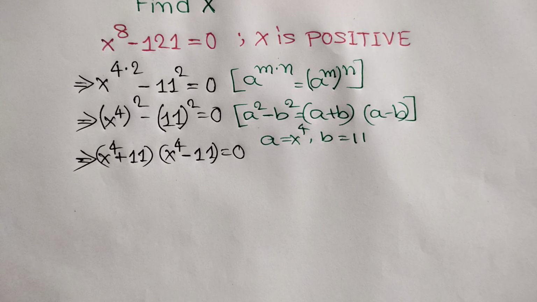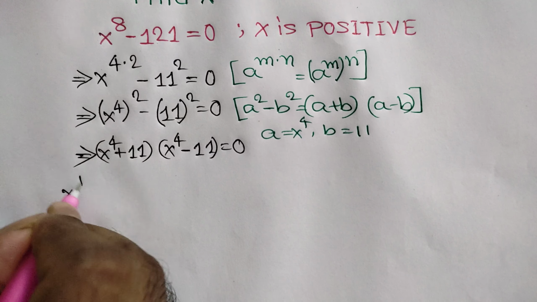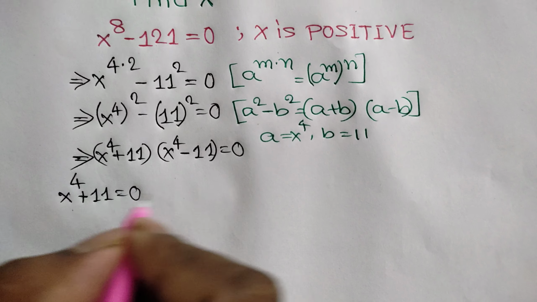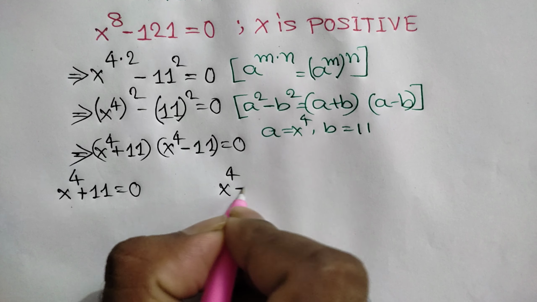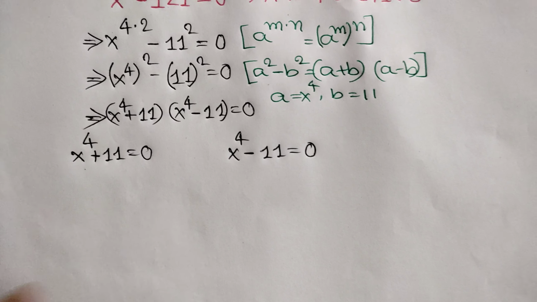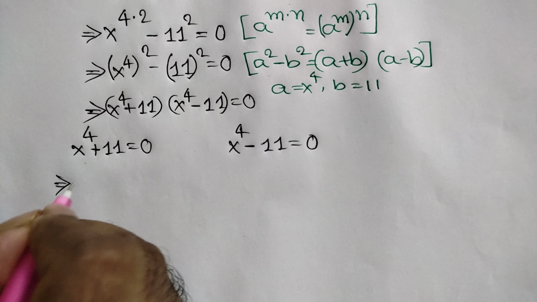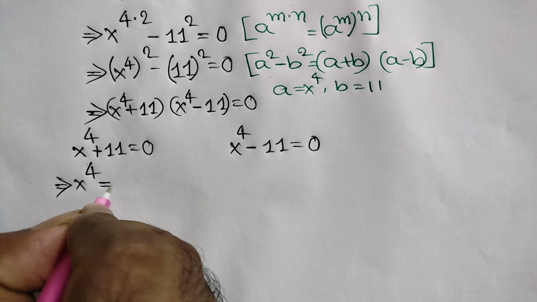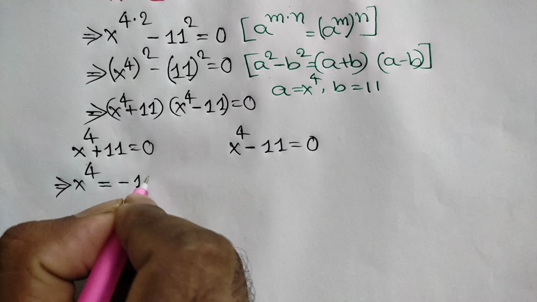Now from here we have two solutions. So we can write here x to the power 4 plus 11 is equal to 0 and x to the power 4 minus 11 is equal to 0. Now taking this positive 11 to the right side we will get x to the power 4 is equal to negative 11.